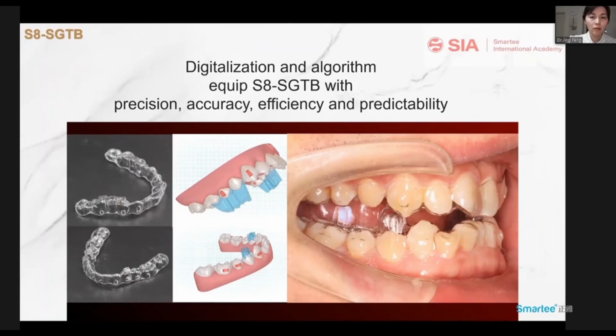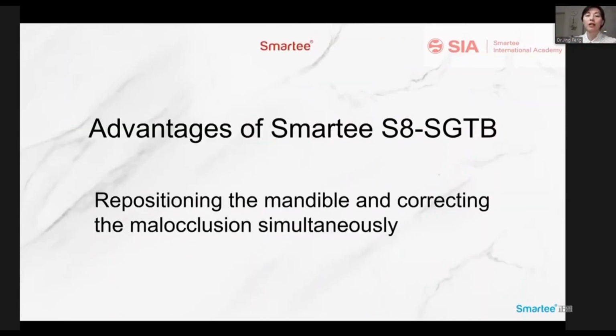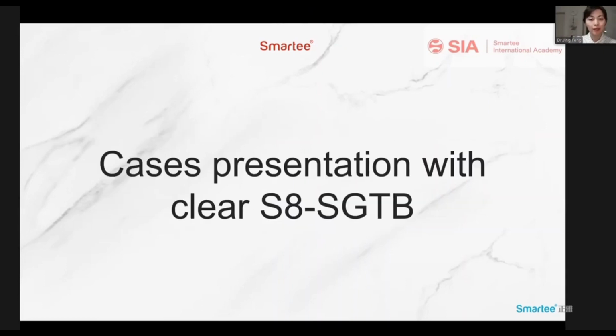It can provide precise, accurate, and efficient movement of the teeth, and it also provides you predictability. The advantage of Smartee S8 is repositioning the mandible and correcting the malocclusion simultaneously. We can see some cases to understand how it works.